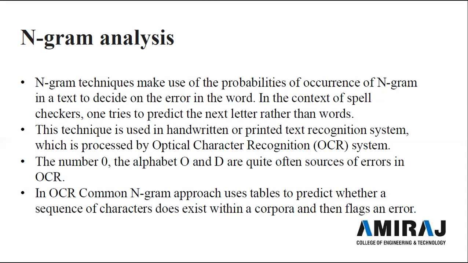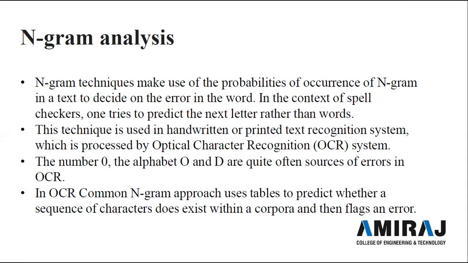This technique is used in handwritten or printed text recognition systems, which are processed by optical character recognition, OCR, systems. Right, so this kind of technique is used in OCR systems. Now an OCR system is something where we can click a picture or give a printed document and it will convert it into a soft copy, right?